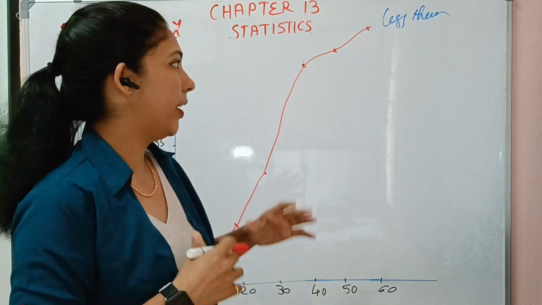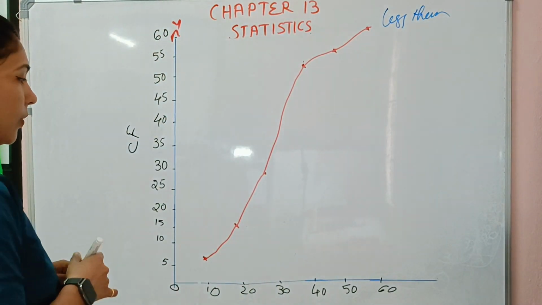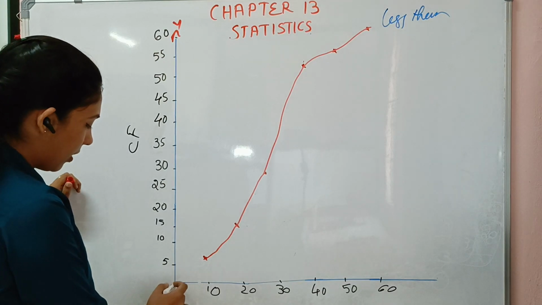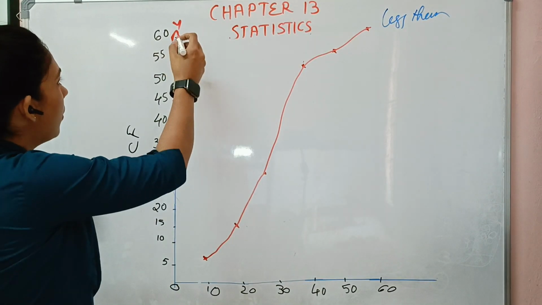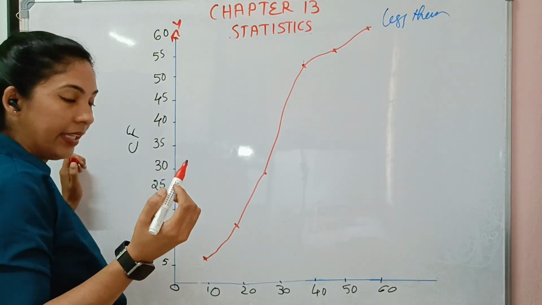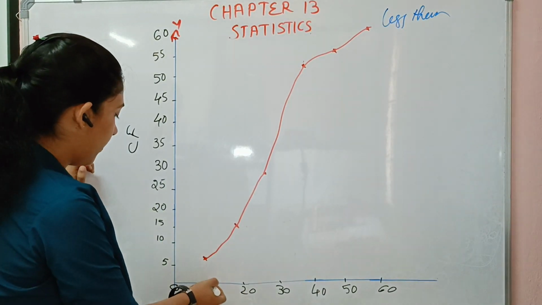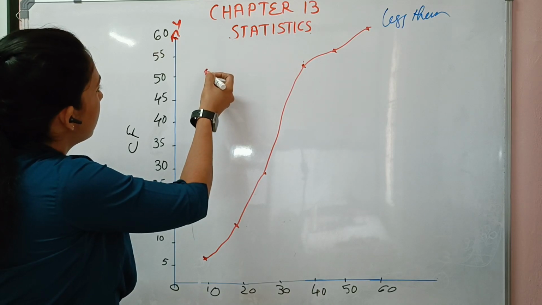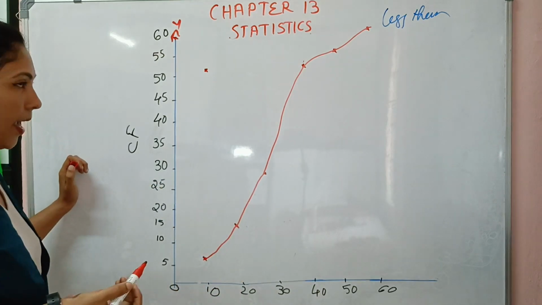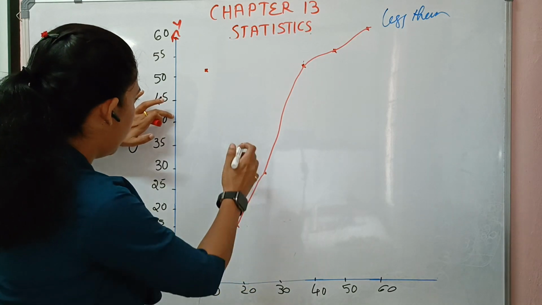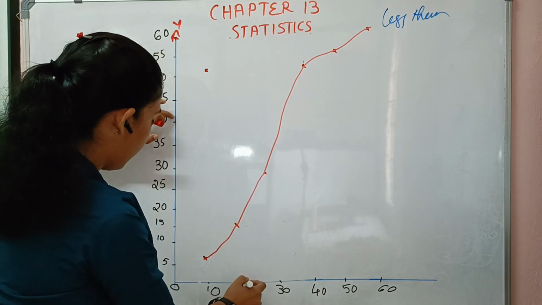So next one is greater than values. First, 0 and 60. On the x-axis it is 0 and on the y-axis it is 60. Then 10, 53. It will be here. And next one is 20, 43, between 40 and 45.